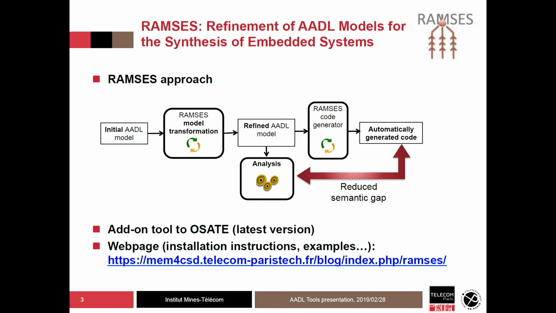So what we want to ensure is a reduced semantic gap between what you have at the end of the interpretation, which is the software, and the analysis result that you do on the model. And to do that, we will progressively refine the AADL model into the most precise we can have until we do the analysis.